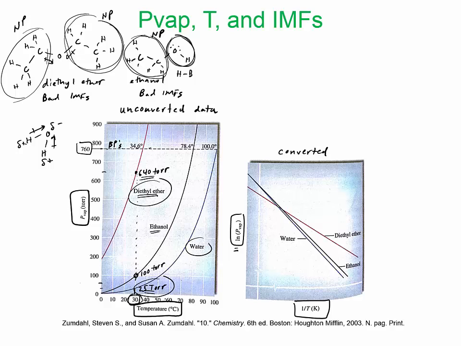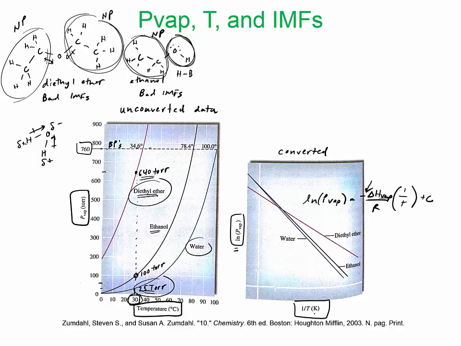So let's take a look at the converted graph. This is what a graph would look like using the Clapeyron equation, ln P equals negative delta H vap over R times 1 over T plus C. So you're going to end up having a negative slope here, so it's going to go down.